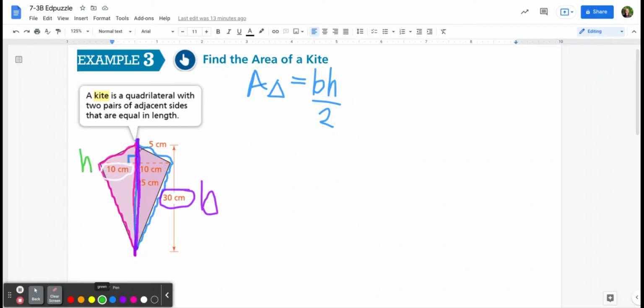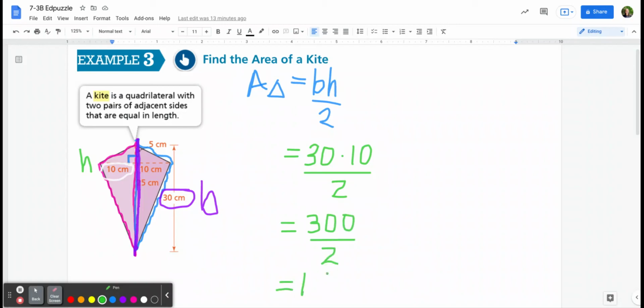So let's plug in that information into our formula. So we said the base was 30 times our height, which is 10, divided by 2. So the area is 300 divided by 2, which would be 150 centimeters squared.